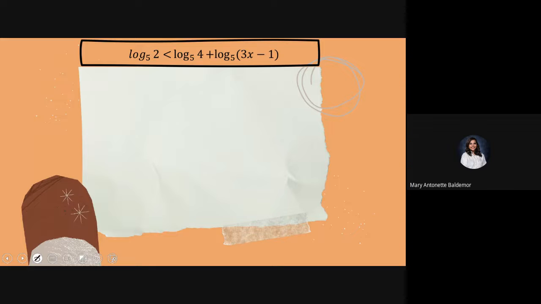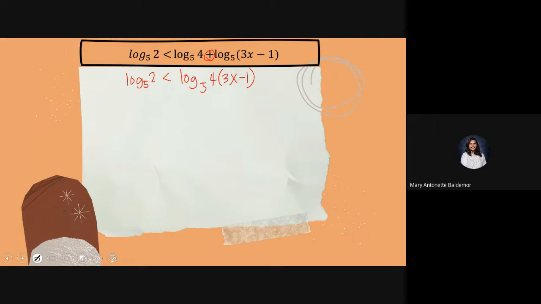Applying the same properties and laws, since this is addition, we can multiply 4 and 3x minus 1. So we can rewrite this as the logarithm of 2 with base 5 less than the logarithm of 4 times 3x minus 1 with base 5.